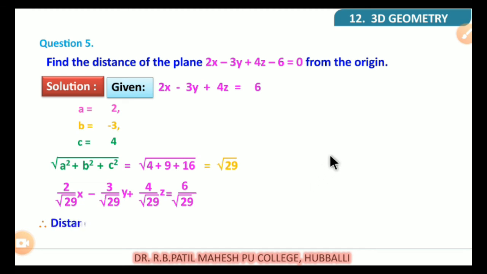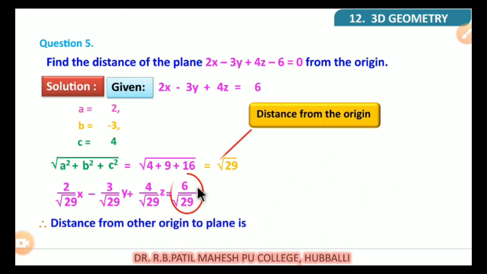Therefore, the distance from the origin to the plane is 6 by square root of 29, because if the plane is in the form Lx plus My plus Nz is equal to d, then that d is the distance from the origin. So after all this procedure, you get the distance, that is 6 divided by square root of 29. So this is the required answer for this given problem to find the distance of the plane from the origin.